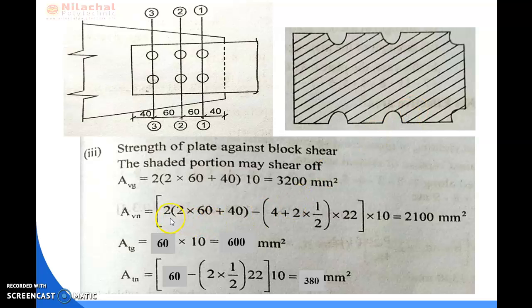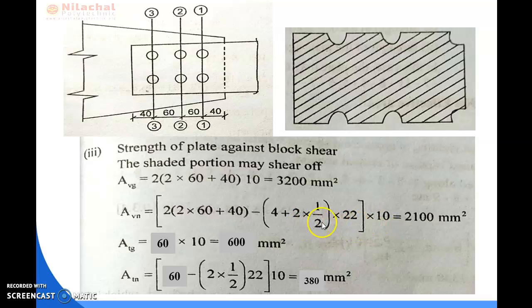So here from the total width of the block shear along the V line, which is 160 into 2, minus numbers of bolt is 5, multiply by diameter of the bolt hole, which is 22 for the 20 mm dia bolt hole, multiply by thickness of the plate section, which is given as 10 mm.